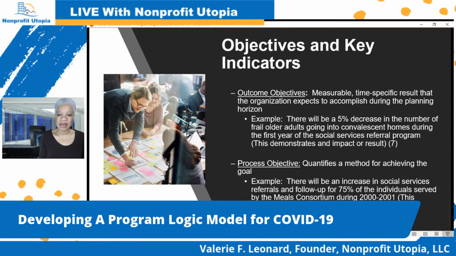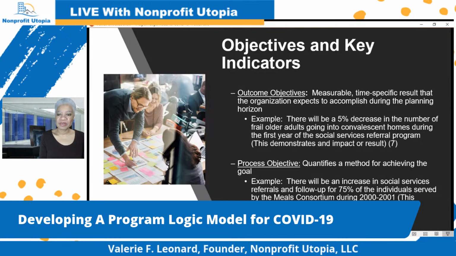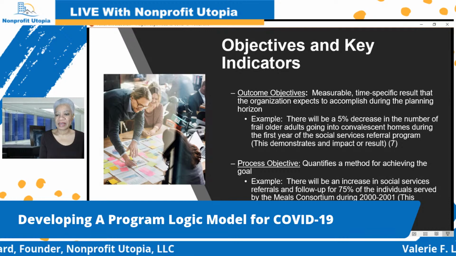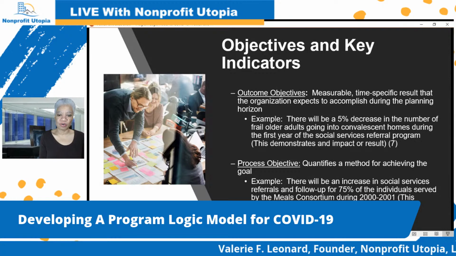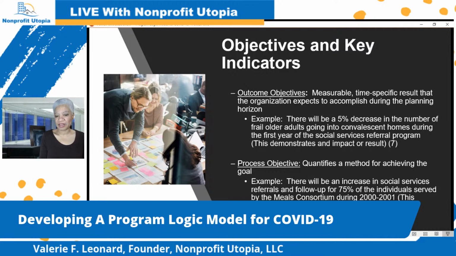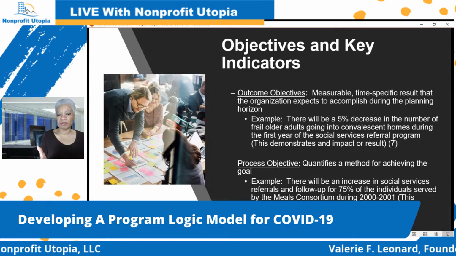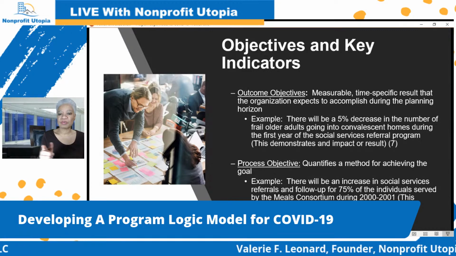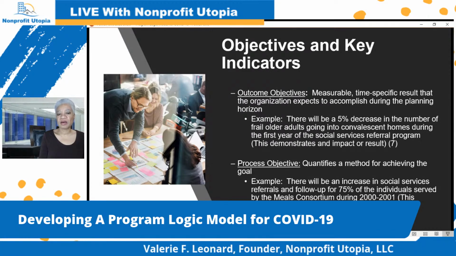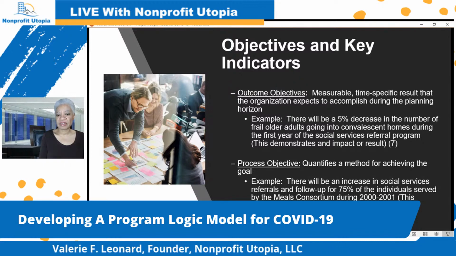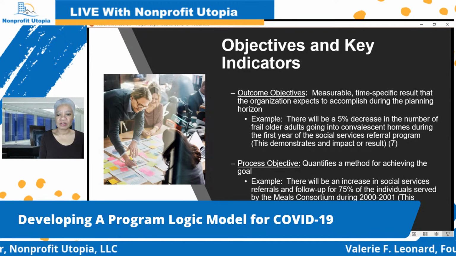So in this case, there will be a 5% decrease in the number of frail older adults going into convalescent homes during the first year of the social service referral programs. So this talks about how you're going to do it, by making sure that there's a reduction in the number of people going into convalescent homes. All right, so this is demonstrating a result and impact.